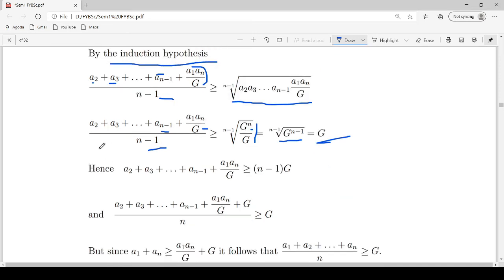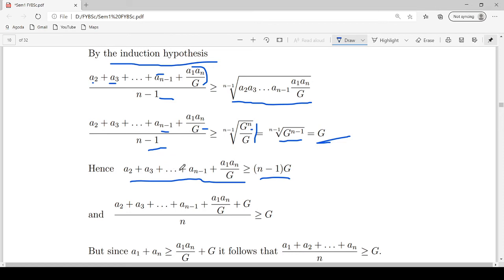Now you multiply by n minus 1 on both sides of the inequality. So you will have a2 plus a3 up to an minus 1 plus a1 an upon g is greater than or equal to n minus 1 into g. Now n minus 1 into g is equal to n into g minus g.